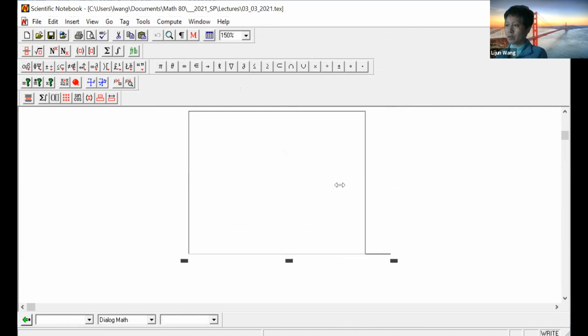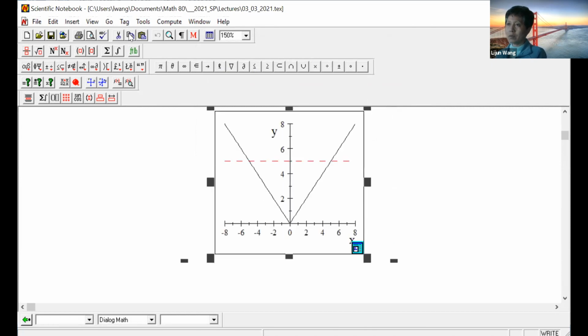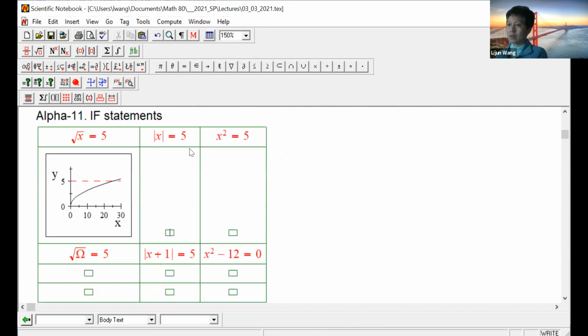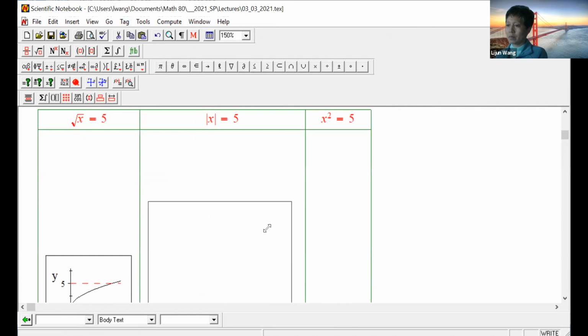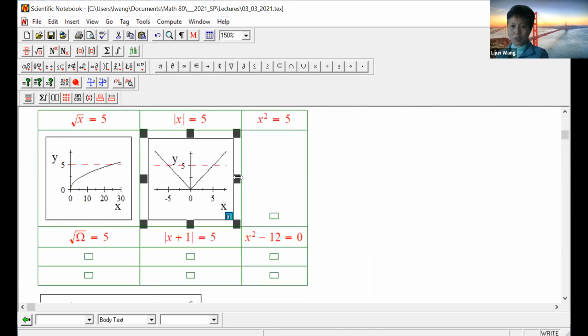Just different forms. Right here, where the crossing? If the output is 5, what is the input?